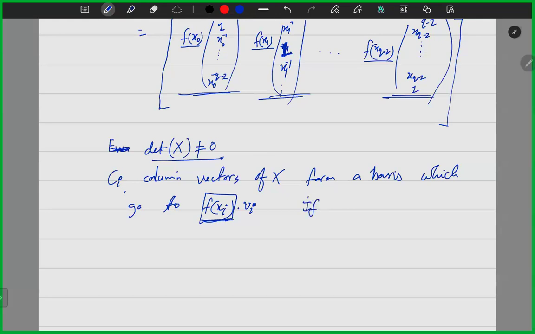If F(Xi) is equal to 0, then the image under A of Ci is equal to 0. So Ci belongs to the kernel of A.